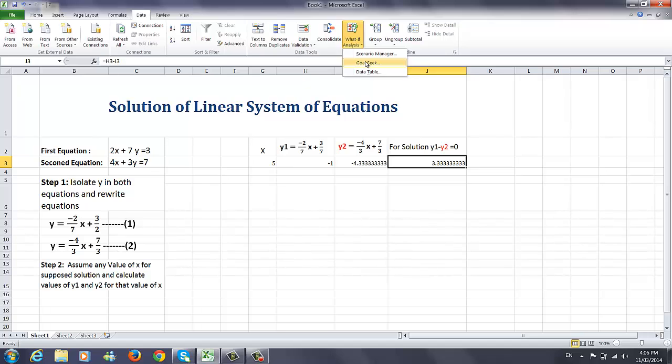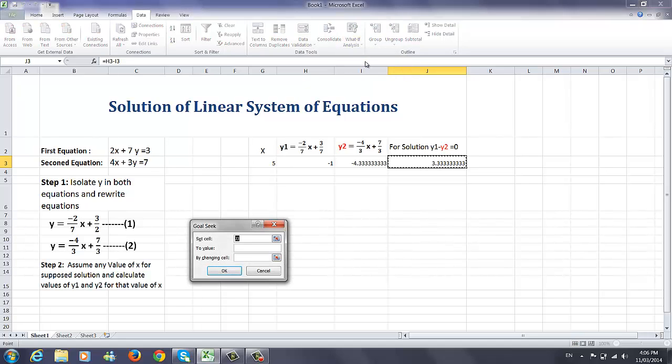So let's click on Goal Seek, and the dialog box opens, in which the first command is Set cell. We have already selected the cell, and this Set is for the value. This cell must display the value 0 by changing cell.